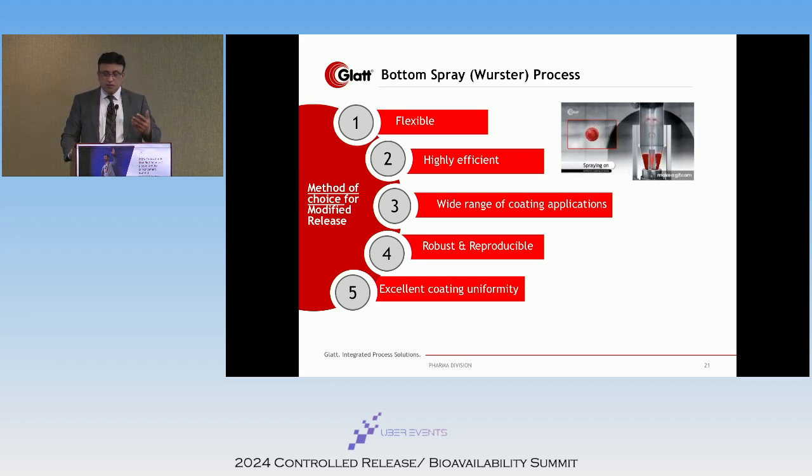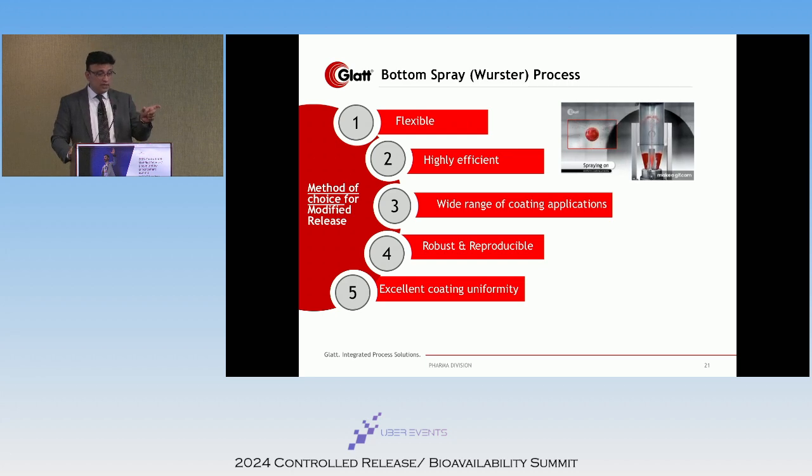the Wurster process gives you coating performance which is absolutely uniform, and you need that because for your modified release product, you will have a multi-tier dissolution spec.